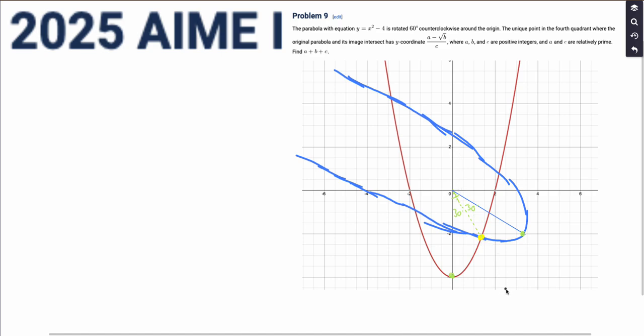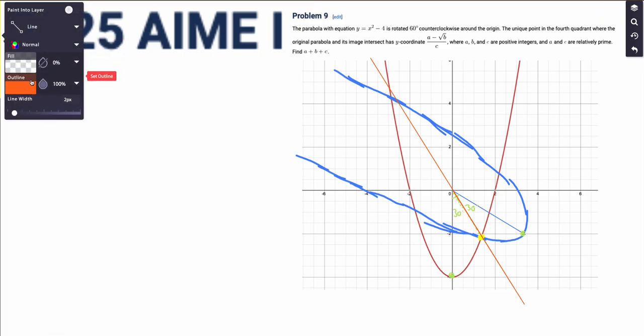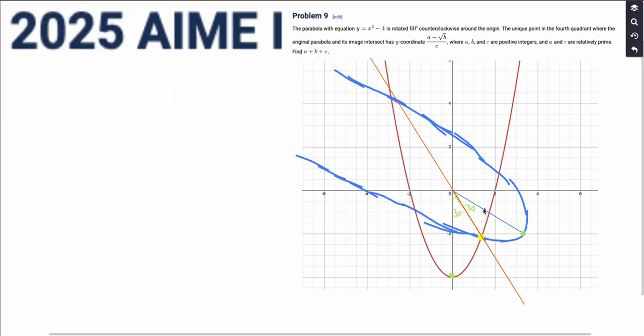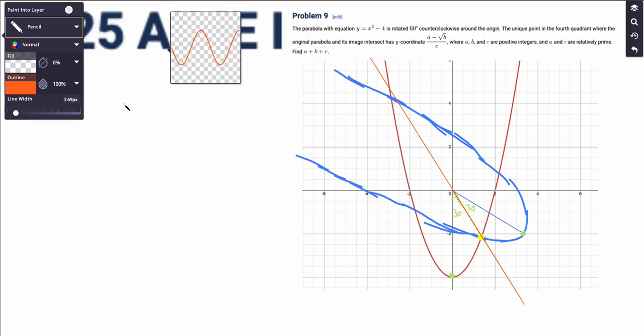So go ahead and draw that line. Okay. Since we already know the angle measure that it makes with the y-axis, we can go ahead and find the equation of this line.